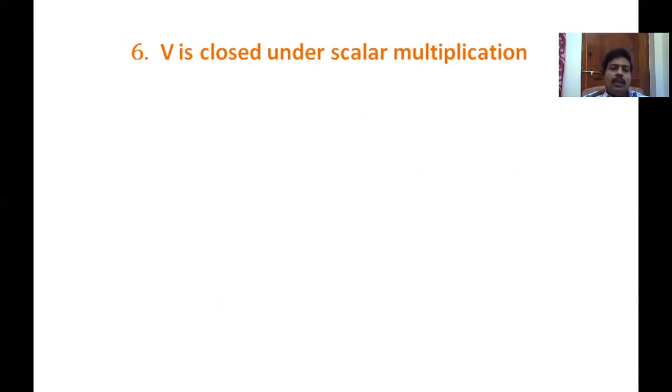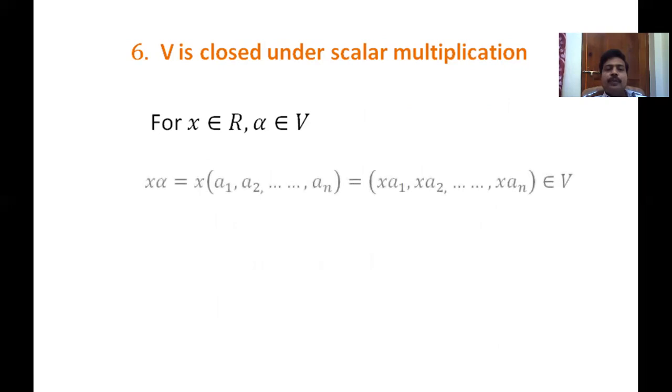V is closed under scalar multiplication. So for x belongs to R, let us take a real number x, and alpha belongs to V, it is an n-tuple. x alpha is equal to x times alpha. Alpha is a1, a2 and so on an here. So this multiplication is defined as component wise multiplication, xa1, xa2 and so on xan in our definition.